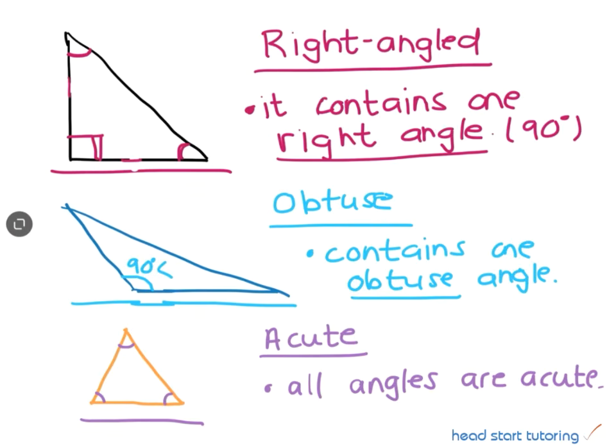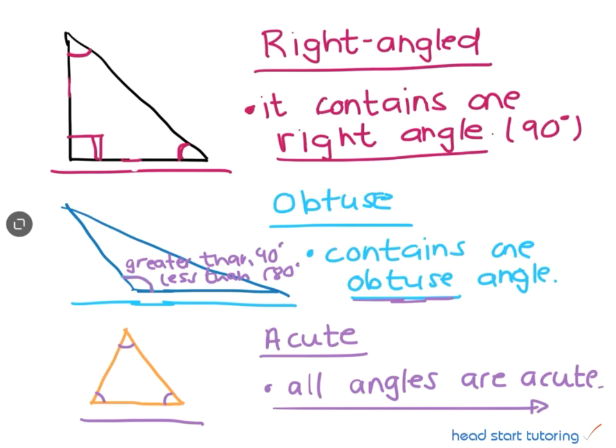Let me just write here, greater than 90 and less than 180, because that is what an obtuse angle is. Right, and then we've got our acute angled triangle, in which all the angles are acute.